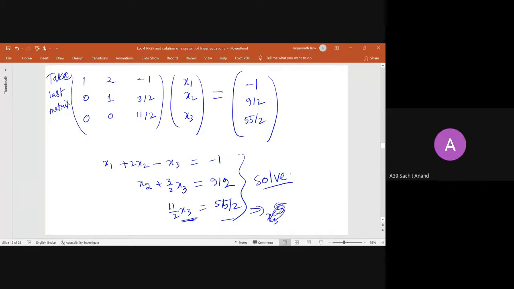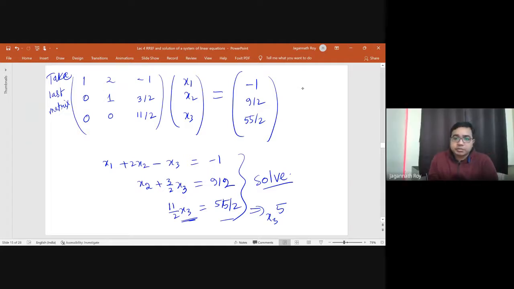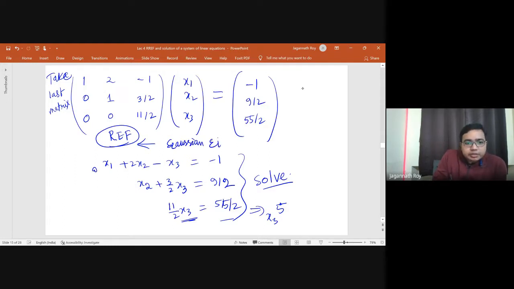Sir, is this nothing but the Gauss-Jordan method? No, this is the Gauss elimination method. I told you this is our REF. When you find REF, this is actually Gaussian elimination. We are eliminating x1 in this equation and x1 and x2 in this equation.